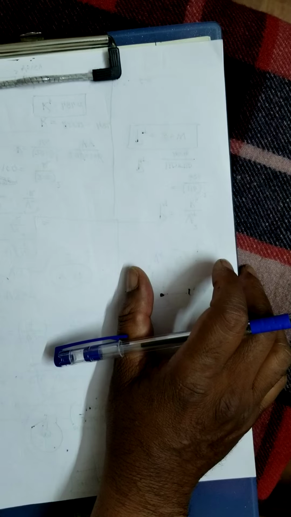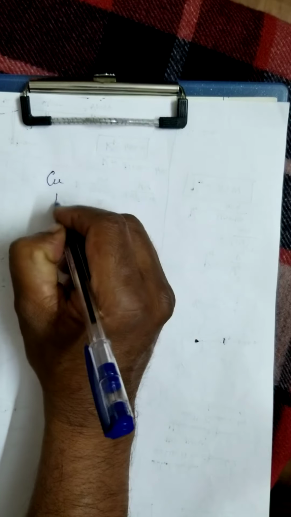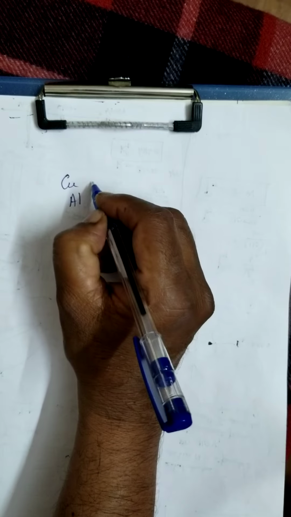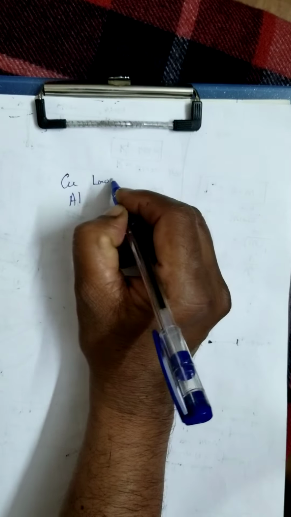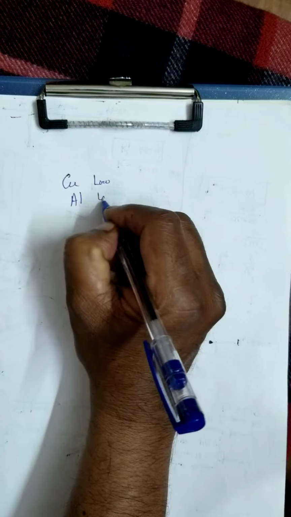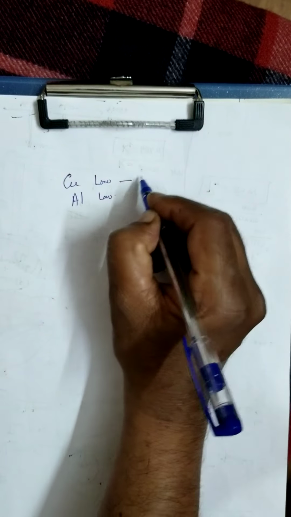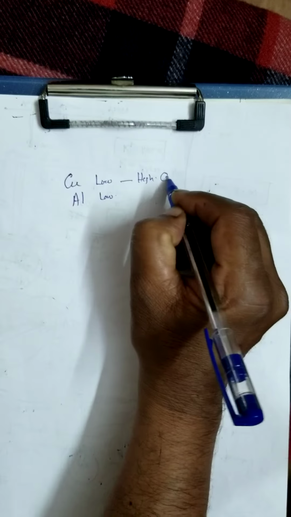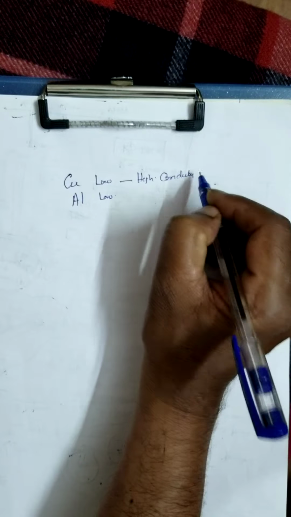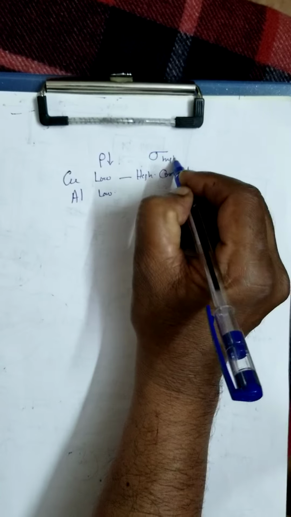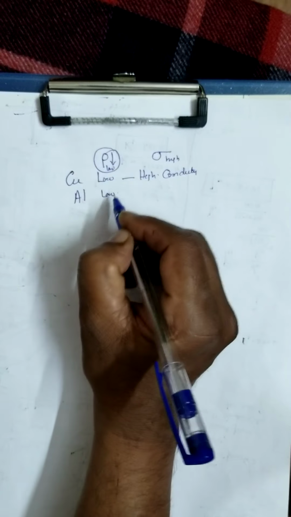Now, see, copper and aluminum have very low resistivity. That means high conductivity. Resistivity is low, conductivity is high for copper and aluminum.